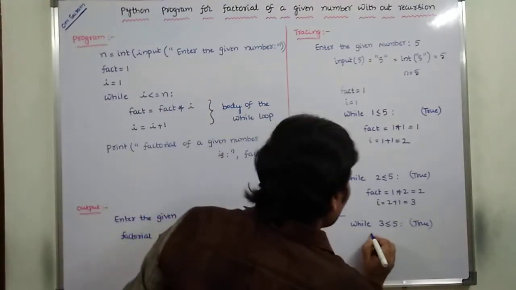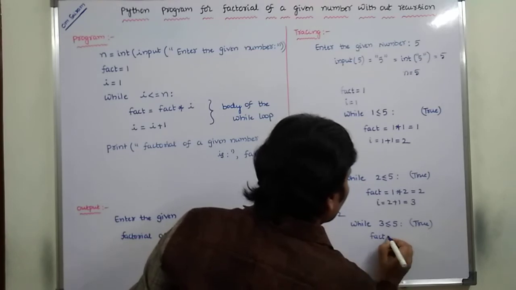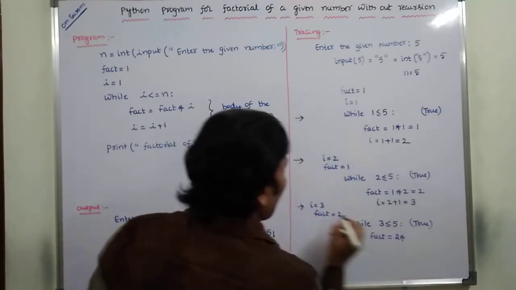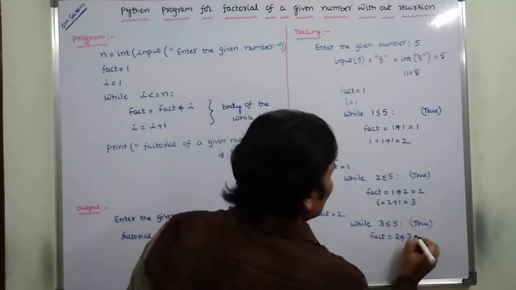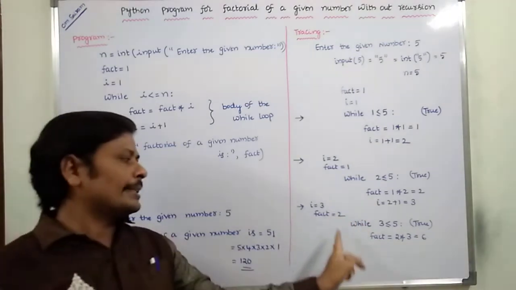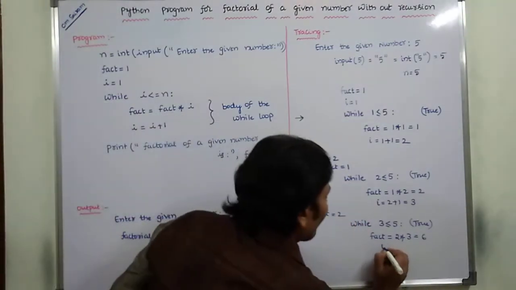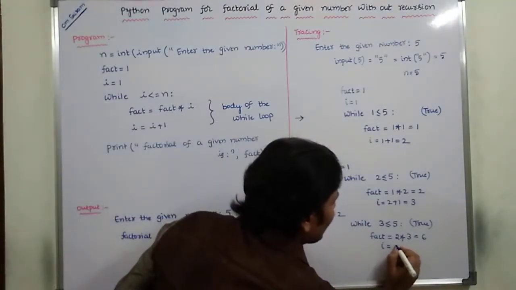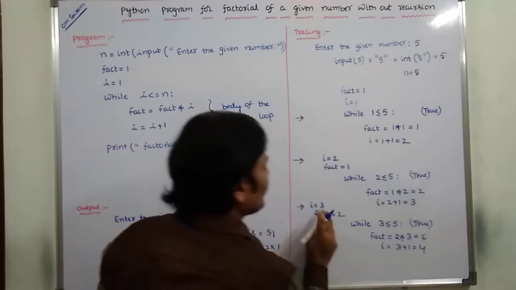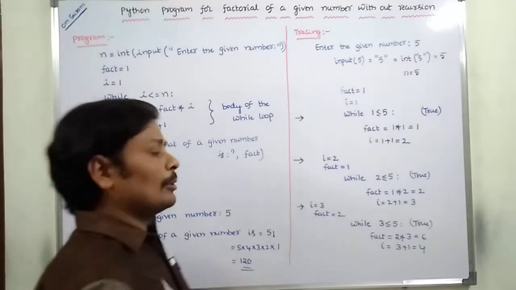So now fact is equal to fact into I. Fact value is 2 and I value is 3. 2 into 3, that is 6. After completing the third iteration, fact is equal to 6 and I is equal to 3 plus 1, that is equal to 4.